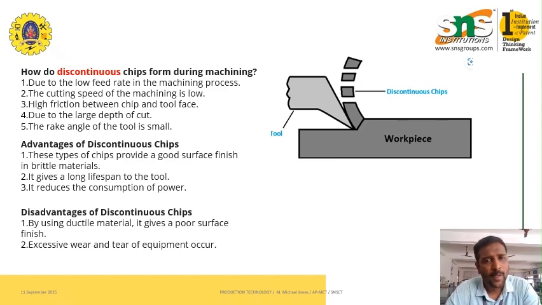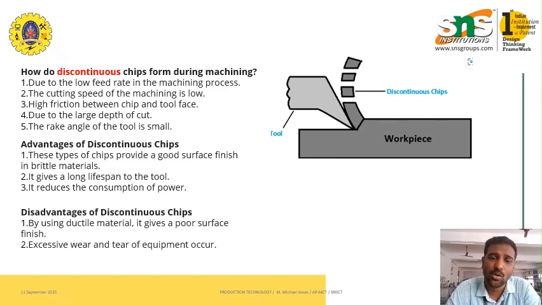low feed rate. Imagine a lathe machine, where the workpiece is rotating at a very high speed and I am not advancing the tool in a paced manner, but in an intermittent manner. When I just bump or impact the tool, it may form discontinuous chips.